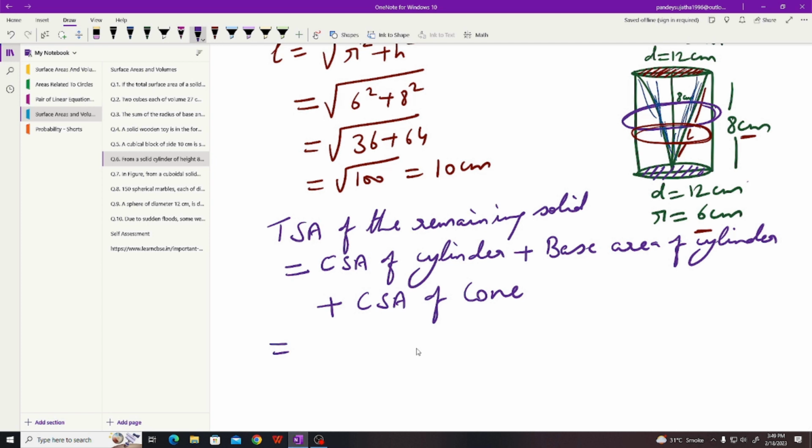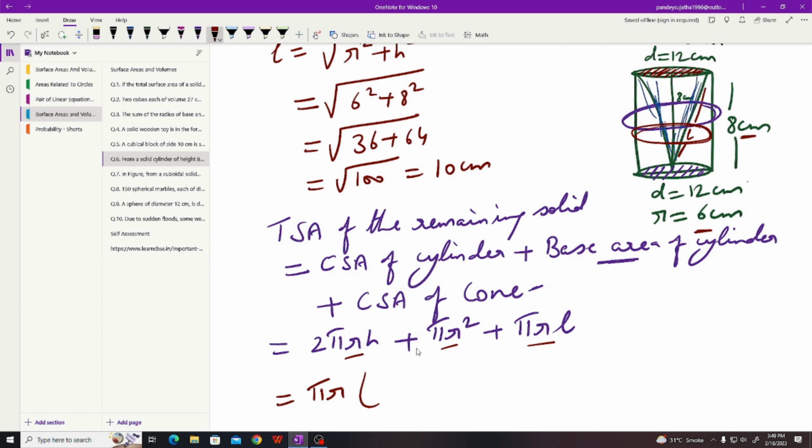Curved surface area of cylinder is 2 pi r h, plus base area of cylinder, which is in circular form, so area of circle is pi r square, plus curved surface area of cone is pi r L. From all three terms, first, second and third, we are able to find pi r as common. So please take this pi r common out.